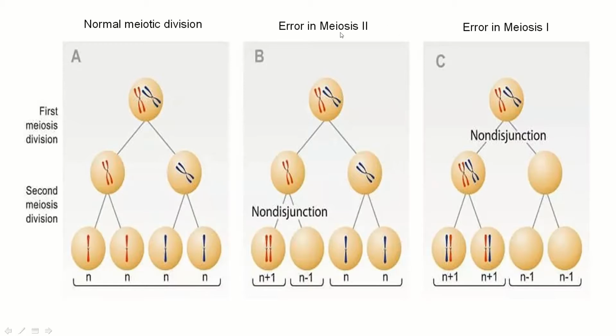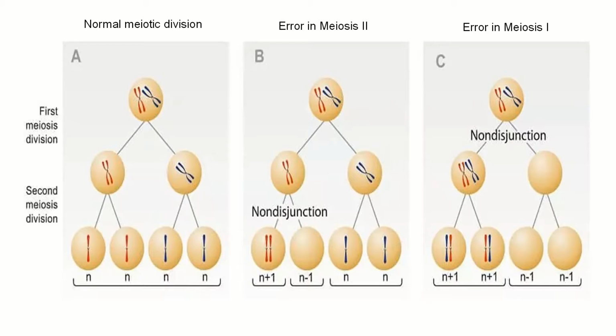But for situation B, where the error occurs in meiosis 2, the sister chromatids fail to separate. There is non-disjunction of chromosome number 21 during meiosis 2, resulting in both chromatids ending up in one gamete. So this gamete carries one extra copy of chromosome number 21, and the other gamete carries no chromosome number 21.